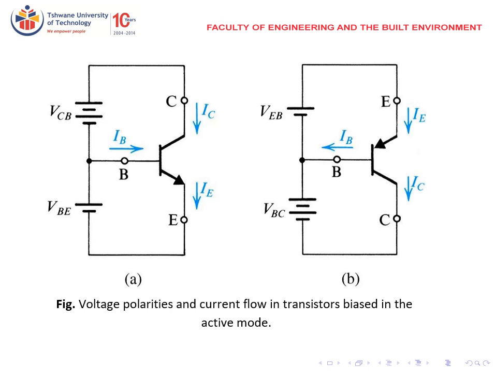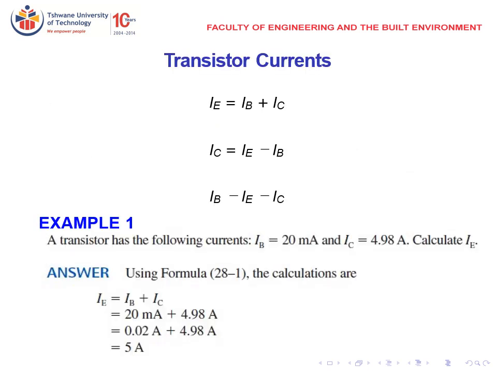Then we have three currents. IC on the left hand side plus IB will be equal to IE. Then on the right hand side we have IE, which is equal to IB plus IC as well. Transistor currents: IE is equal to IB plus IC.